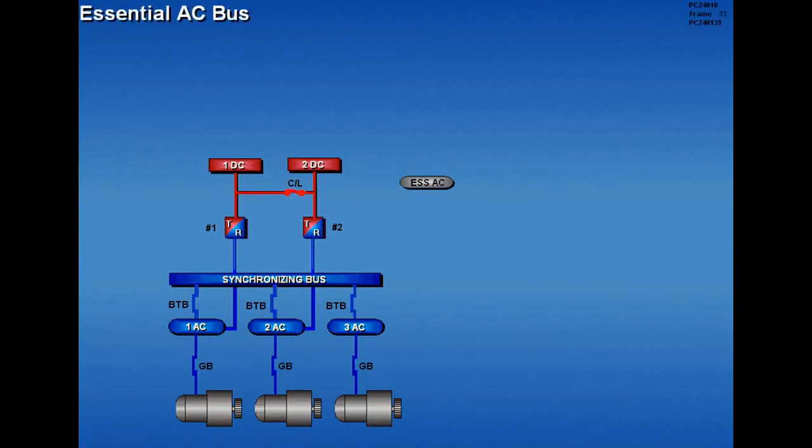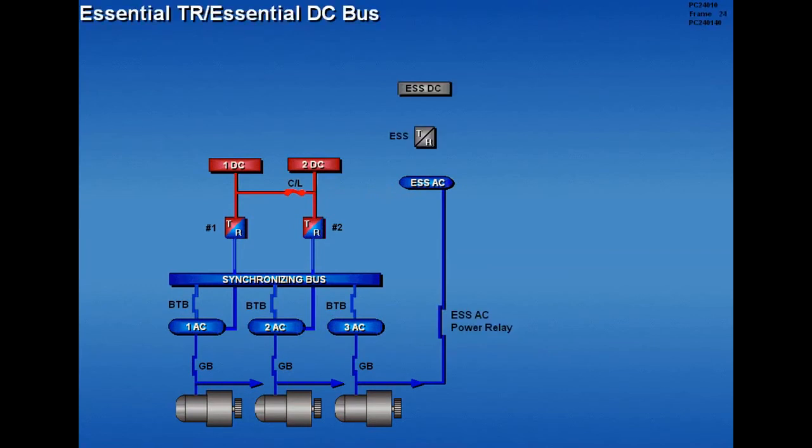The essential AC bus is powered directly from any operating engine-driven generator through an essential AC power relay. The essential AC bus powers the essential TR, which powers the essential DC bus.